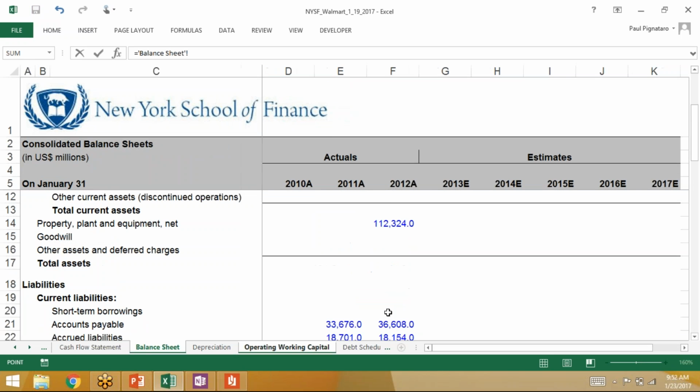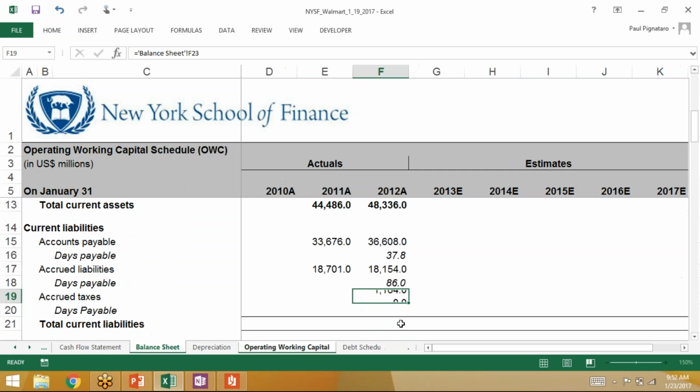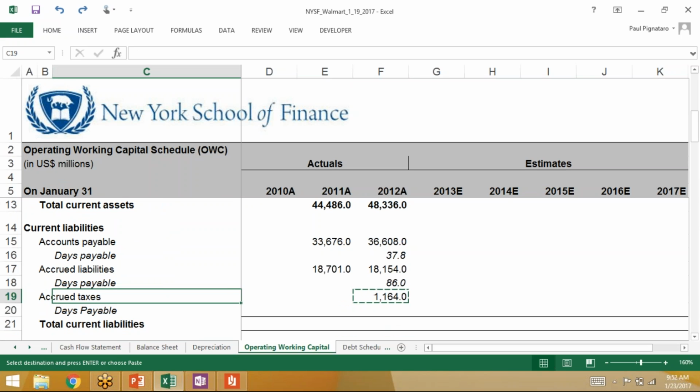Let's pull in accrued taxes. What's the difference between accrued taxes and deferred?